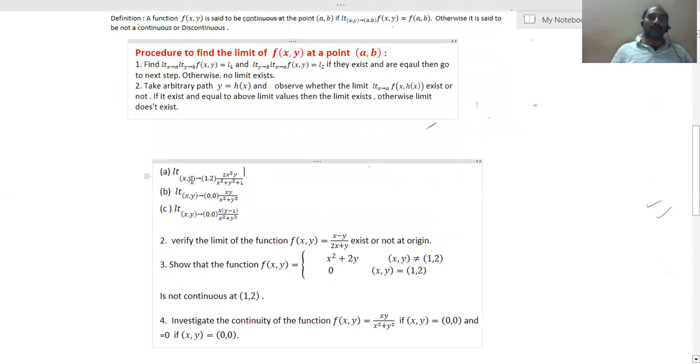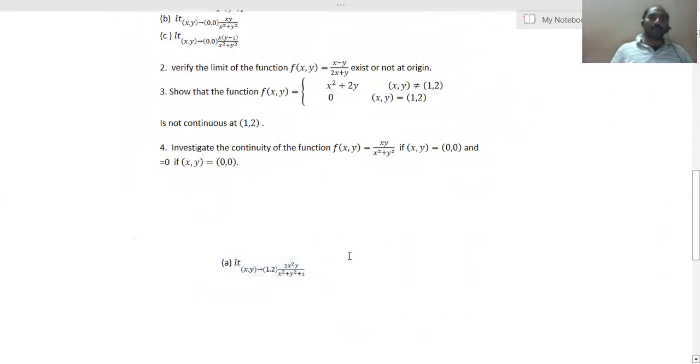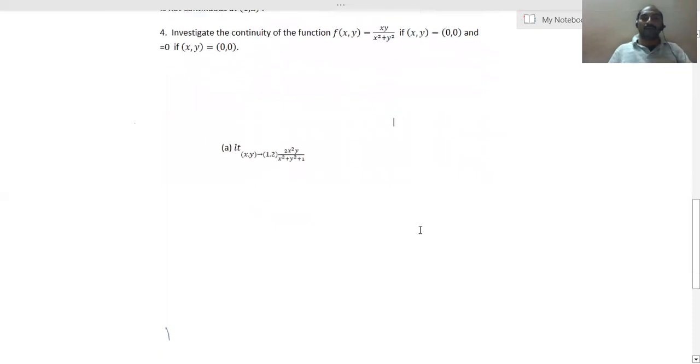Here we are going to discuss the first problem. This is the first problem: find the limit.